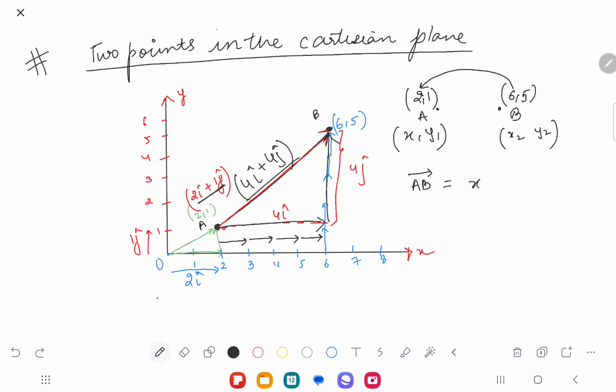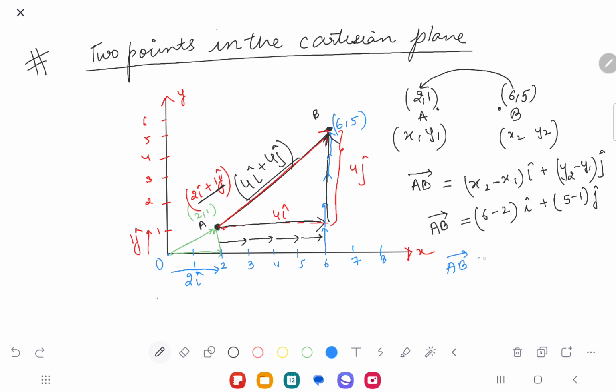So AB vector shall be x2 minus x1 i cap plus y2 minus y1 j cap. So 6 minus 2 i cap plus 5 minus 1 j cap. That shall be vector AB. Yes or no? Yes, ma'am. AB vector shall be 4 i cap plus 4 j cap.